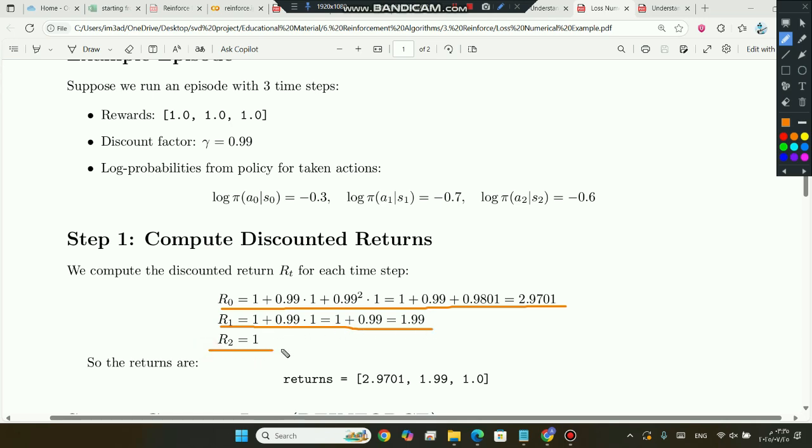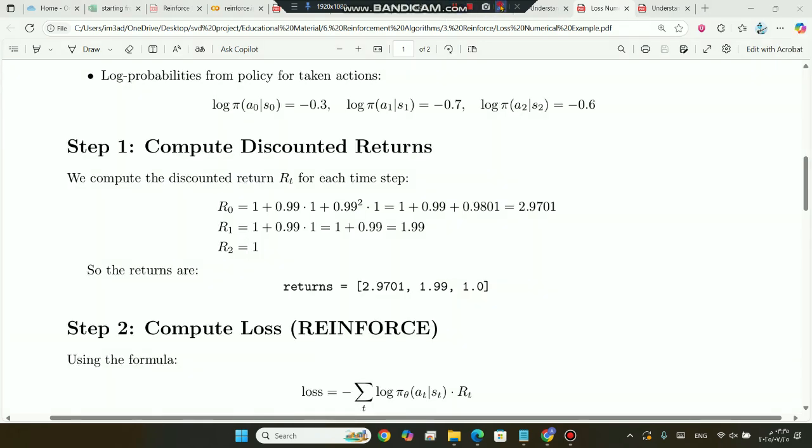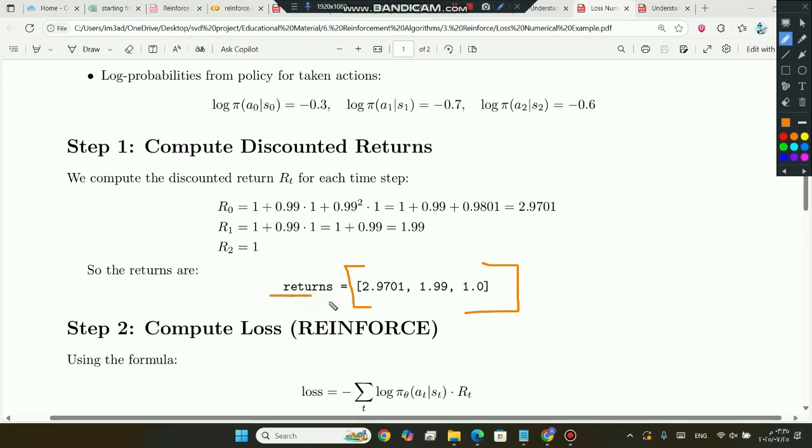And for the reward for time 2, this is how it is calculated. So again, this is how we evaluate the quality of a decision based on the results of the next decisions that were based on that decision. All right, so those are our final rewards, which we call returns.